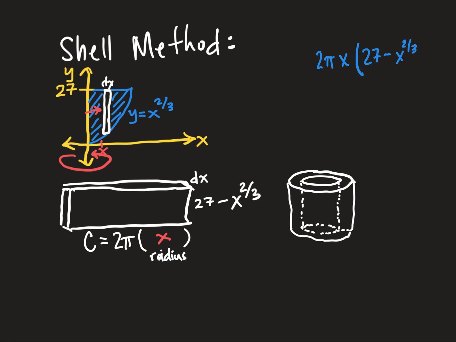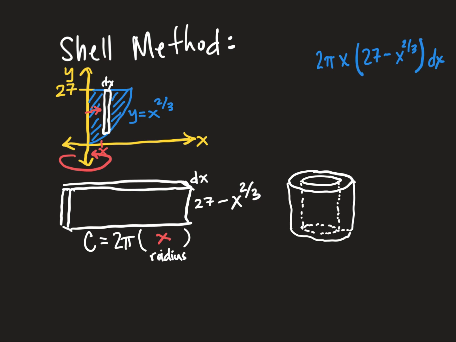And I apologize if my hand was covering up the microphone. I've been trying to avoid that. I know how to fix this. There we go. I flipped my iPad upside down. Okay, so that is the height. And then the thickness, that's my dx. So that's the volume of one of these little cans, one of these little cylinders.